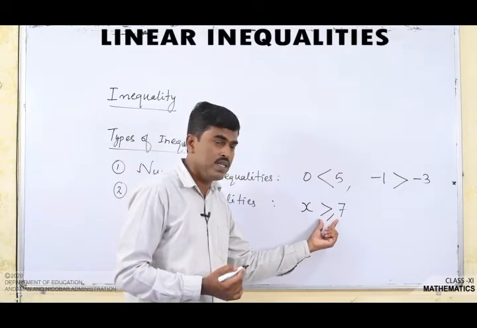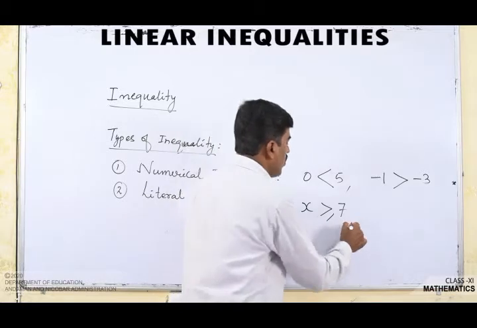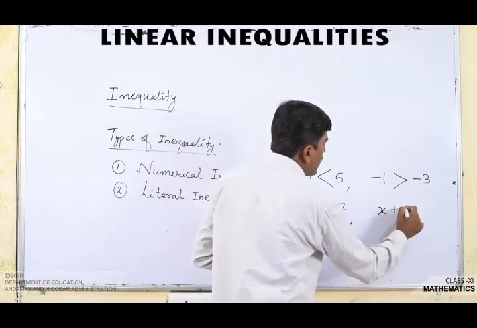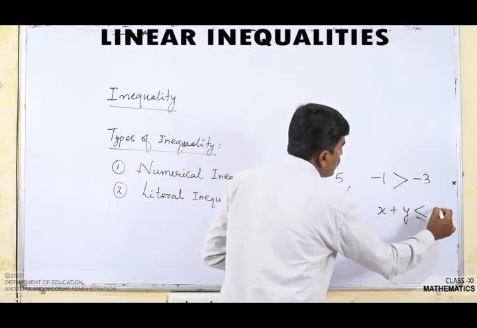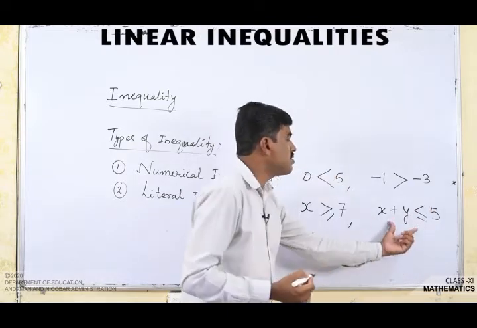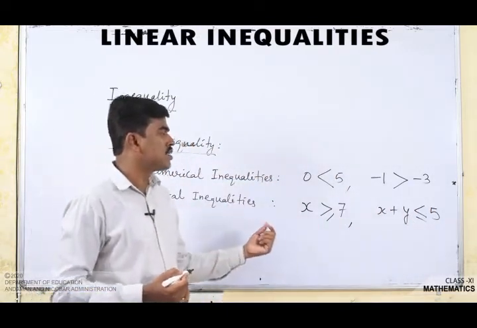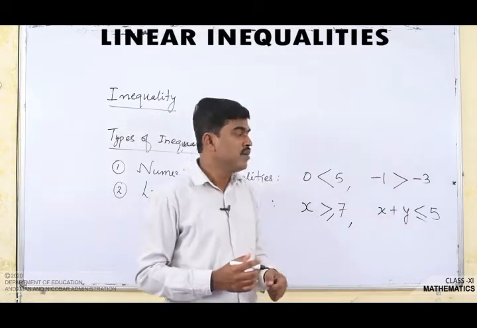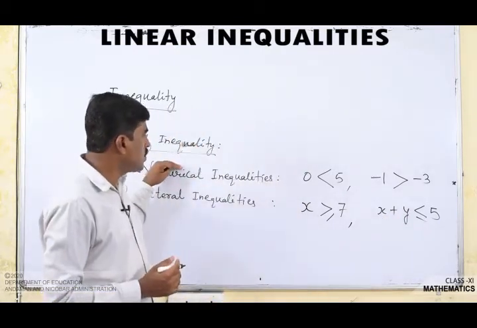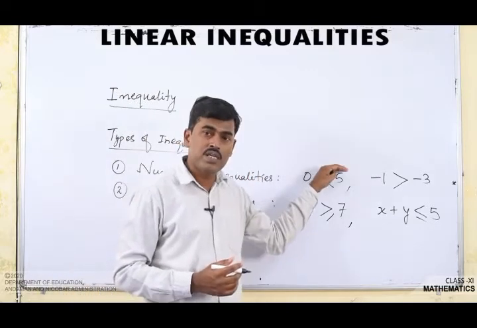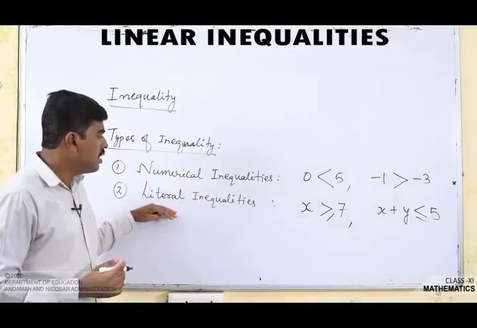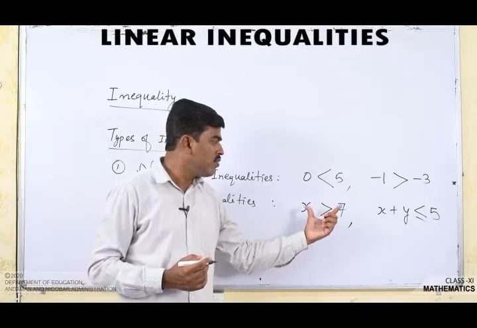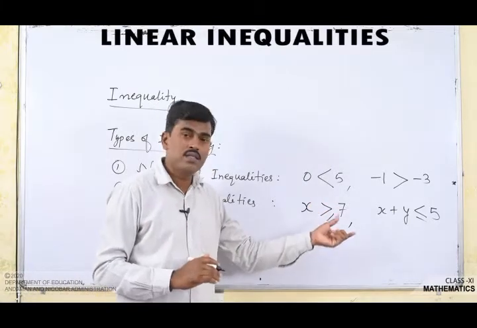Or if I am writing x plus y is less than equals to 5, so it is also a literal inequality. Here there are two variables x and y. Okay. So numerical inequalities means inequalities involving numbers only, and literal inequalities means inequalities involving variables and numbers.